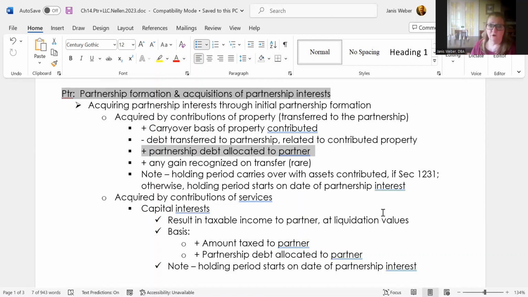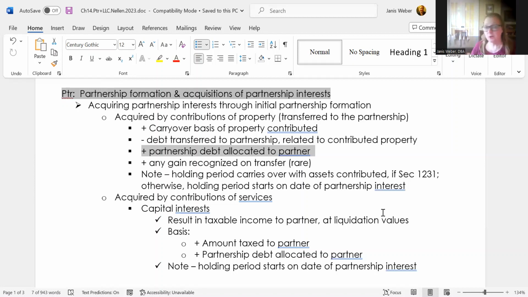For a full capital interest, you would have to show the services you provided to get that stock as revenue, that you earned income to the tune of the liquidation value, meaning whatever the value of the partnership share is at that point. And so that would be fair market value rather than these basis numbers that we would be transferring in.